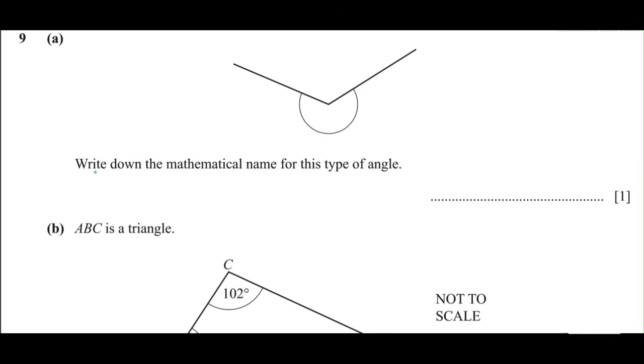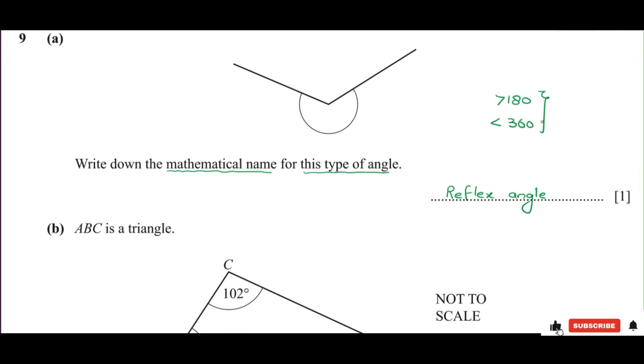Question number 9, part A, write down the mathematical name for this type of angle. This angle is the reflex angle. A reflex angle is an angle which is greater than 180 but less than 360.